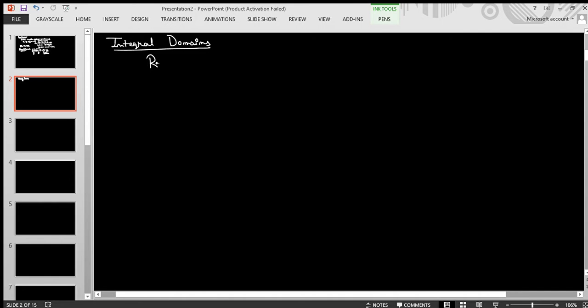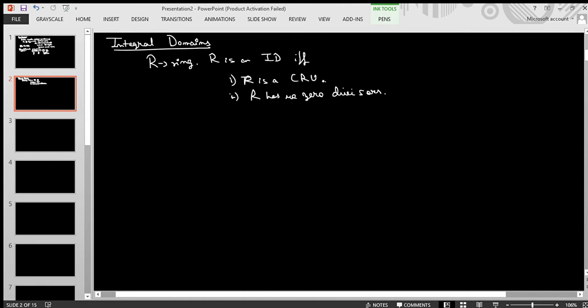So suppose you have a ring R. R is an integral domain if and only if R is a commutative ring with unity and R has no zero divisors. Clear? So you have a ring R, then R will be called an integral domain if and only if R is a commutative ring with unity and R has no zero divisors.